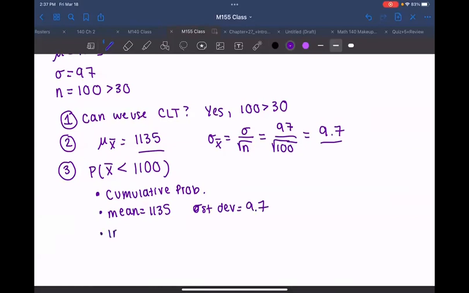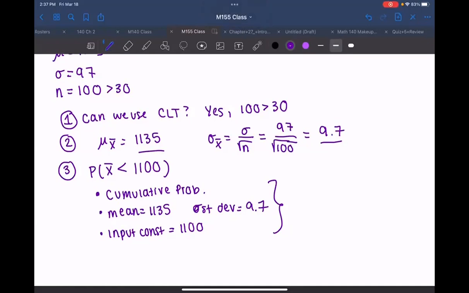Okay. And on the input constant, we're going to write 1,100 because that's the number that we're interested in finding the probability of. Okay. So when I type this into Minitab, is this going to be our final answer or do we have to subtract from 1? Yes, it's going to be our final answer because this is a less than probability. Nice job.